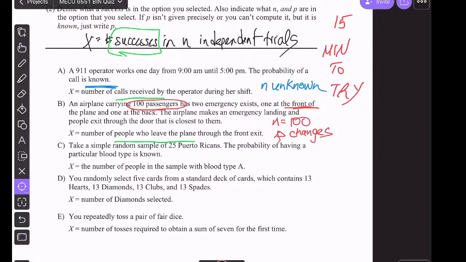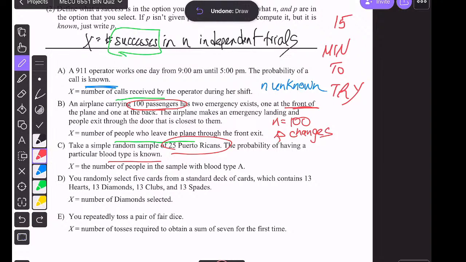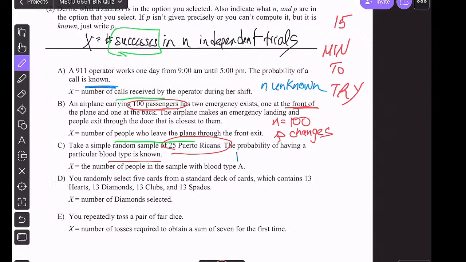How about C? So try C. Take a simple random sample of 25 Puerto Ricans, so that's my N. The probability of having a particular blood type is known. Okay, so P is known. I'm going to use a different color for my parameters. So P known.